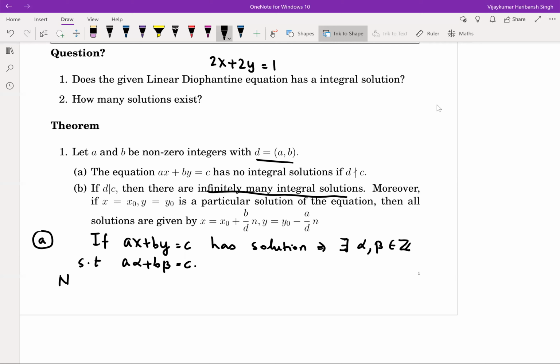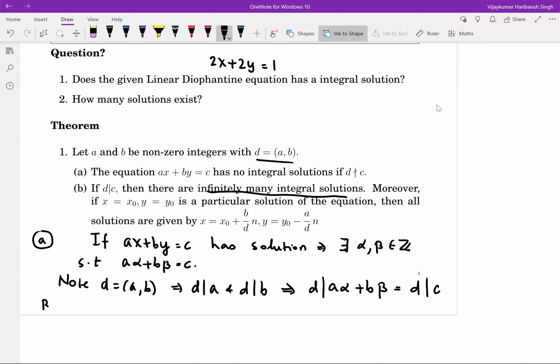Now note that d is the gcd of a and b. This implies d divides a and d divides b, but this implies d divides any linear combination of a and b. That would mean that d divides a alpha plus b beta, which means d divides c. So if the solution exists, then d divides c.